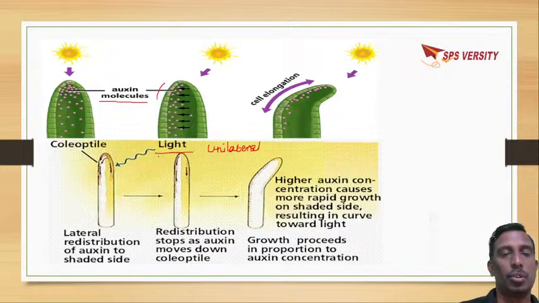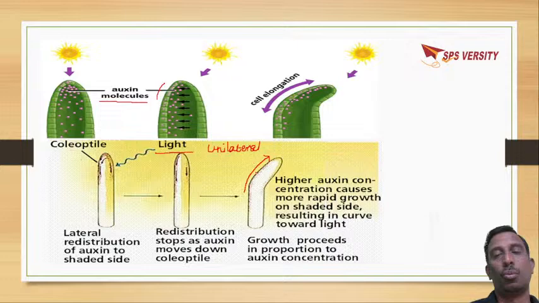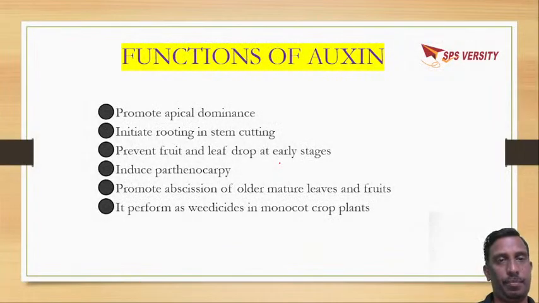So due to high concentration of auxins, there is more rapid growth on the shaded region, resulting in a curve towards light. So growth will proceed in proportion to auxin concentration. So this is how the auxins will play a role in the physiology of plants.